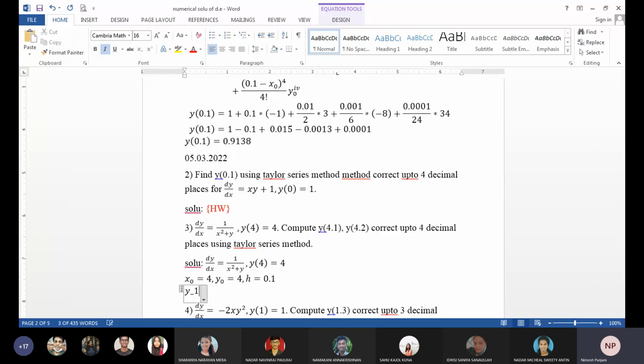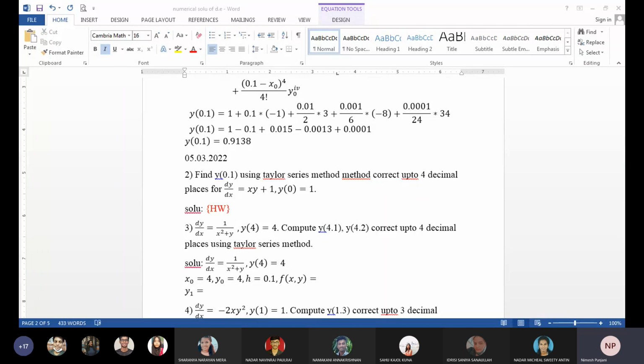And one more thing, what is your f of x comma y? 1 upon x square plus y.